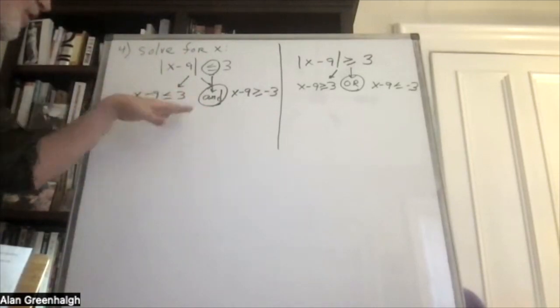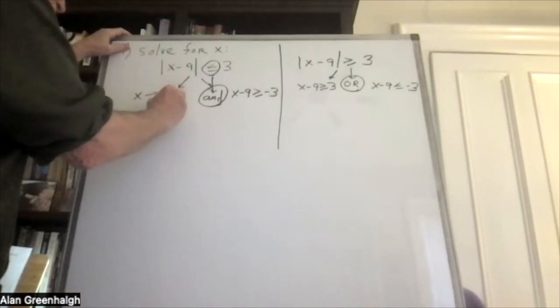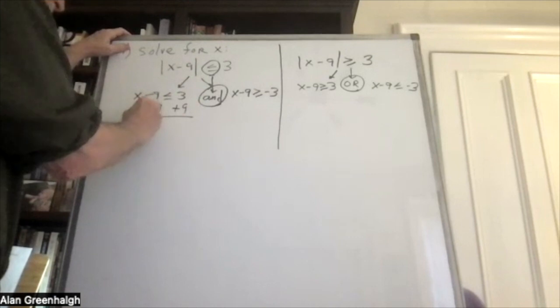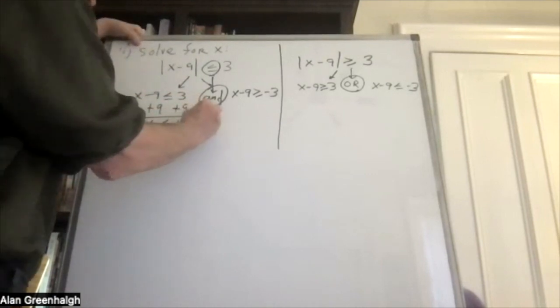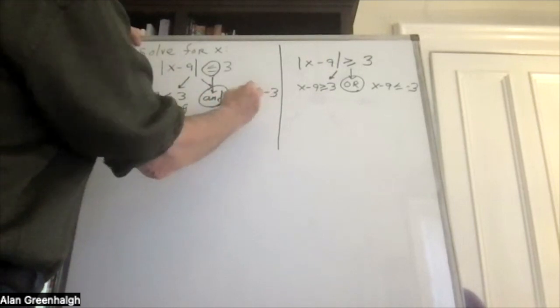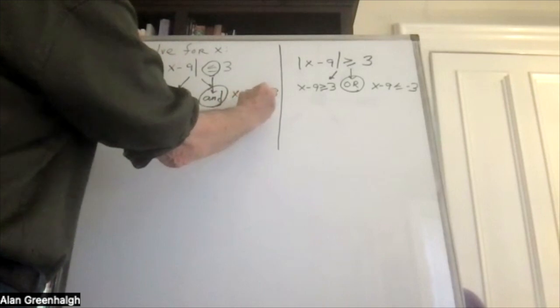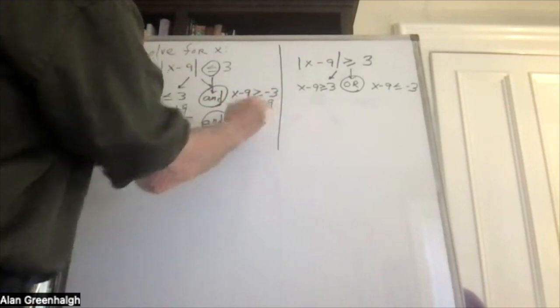Now let's do both. So let's start here. Here you just add 9. x is less than or equal to 12, and x is greater than or equal to 6.